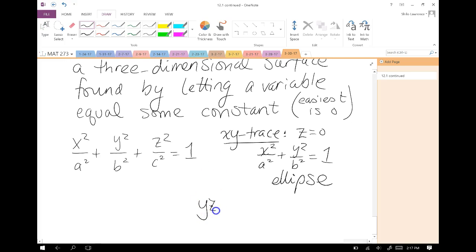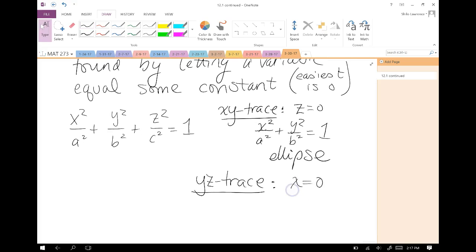If we look at the YZ trace, and we do that by letting x equal 0, that's just going to wipe the x out of the equation. And that's going to leave us with y squared over b squared plus z squared over c squared equals 1. And it's another ellipse.